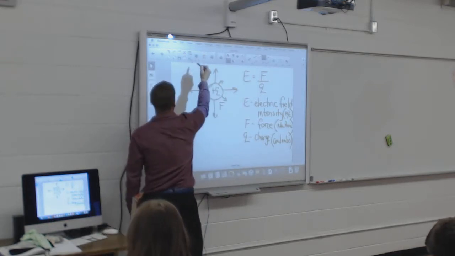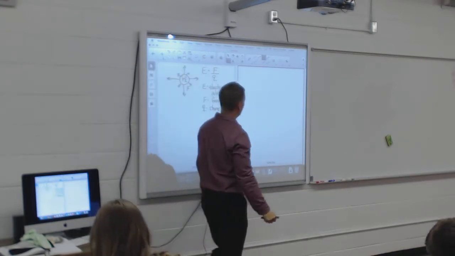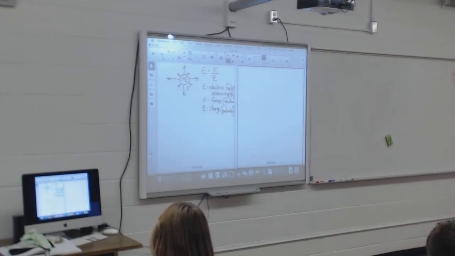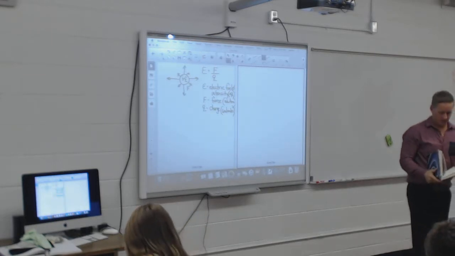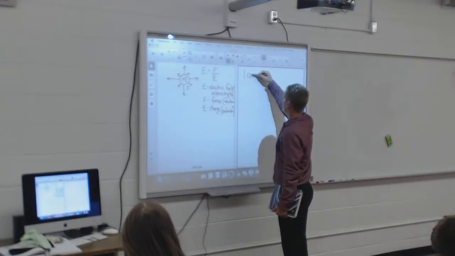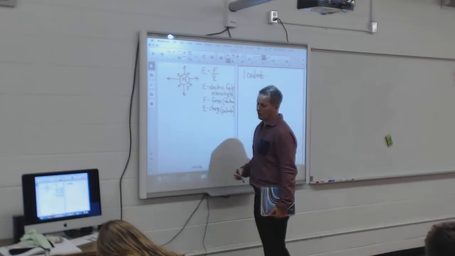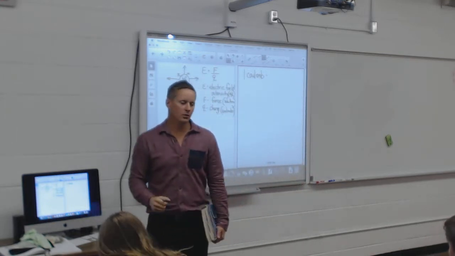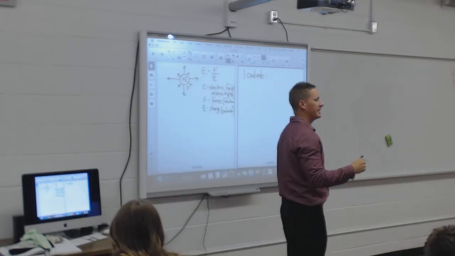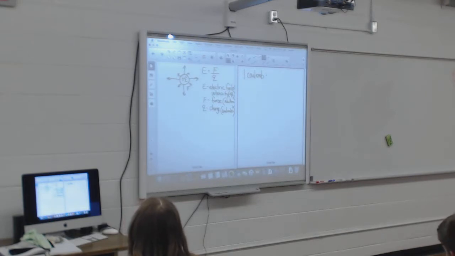Okay. Now, I have to backtrack a little bit because I don't necessarily like the order in which this goes in. So what is a coulomb? 1 coulomb of charge refers to the number of electrons that are in and around that area.